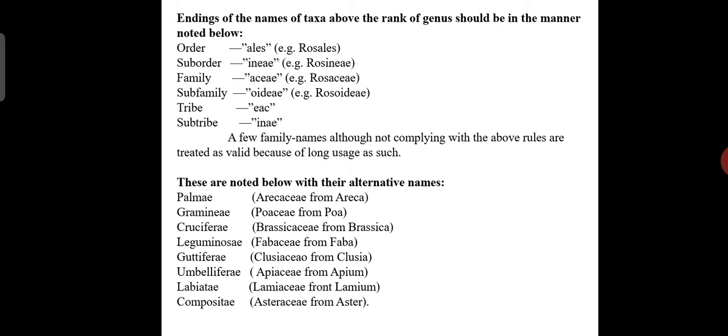Umbelliferae, that is Apiaceae, from Apium. Labiatae, that is Lamiaceae, from Lamium. Compositae, that is Asteraceae, from Aster. So these are alternative names here.